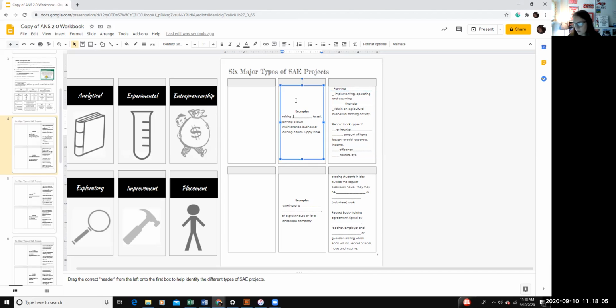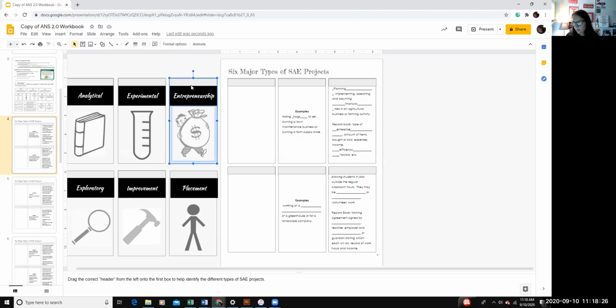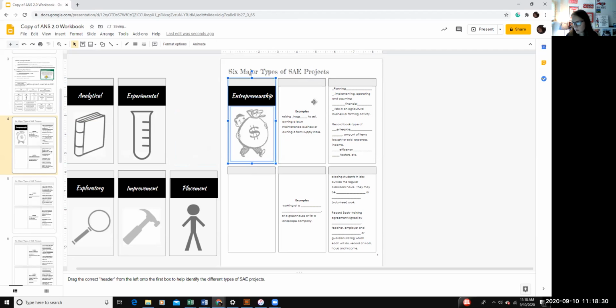So for the examples, we talked about some examples: raising hogs to sell, or operating your own lawn business. All right, so our entrepreneurship type is done as far as what we have to type in. So then we're just going to drag this here so that we remember that this is entrepreneurship. Any questions about that so far?